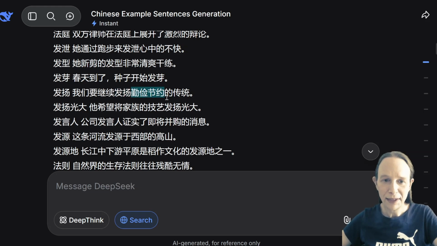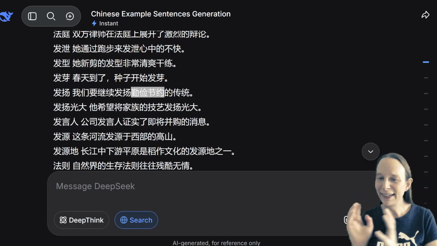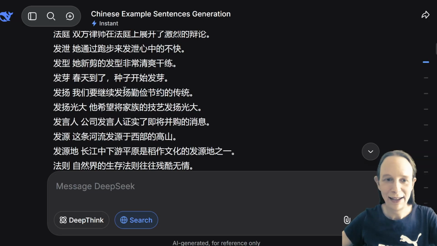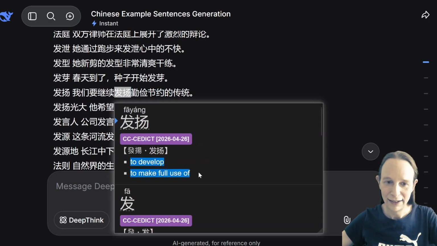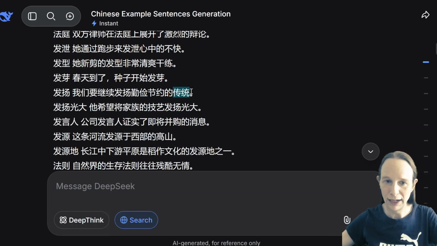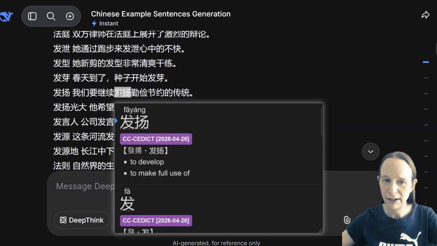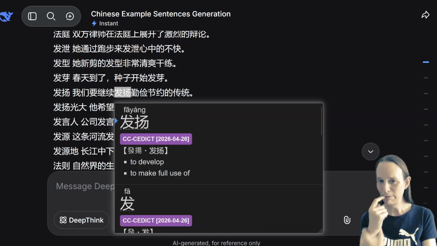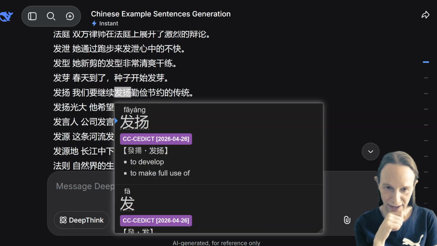What are they doing? 勤俭节约. So they're not wasting things, they're saving. 发扬, develop 传统, a tradition of this. Oh, it's not exactly what I was thinking, was it? I was off. I was off by quite a bit, actually.